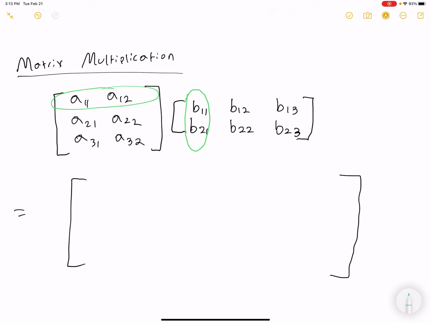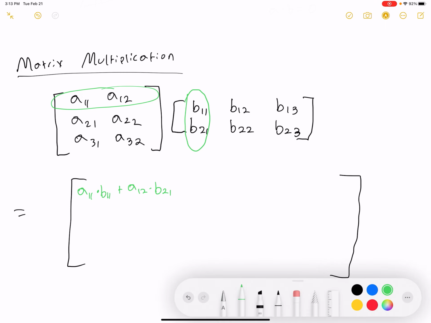So we take the dot product between the rows of matrix A and the columns of matrix B. For example, this first element would be A11 times B11 plus A12 times B21, just the dot product.